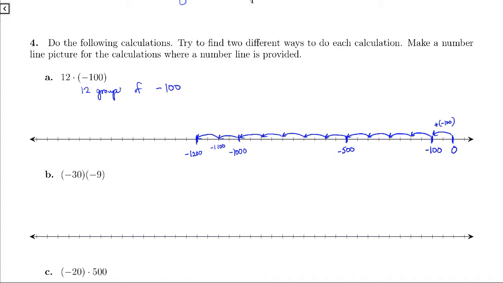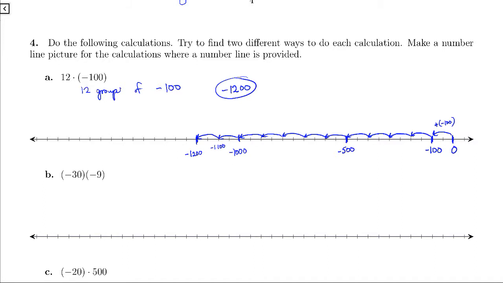Okay, so this is negative 1,200. So you might also think of this as subtracting 100 groups of 12. And I would say adding up 100 groups of something is much less easy than adding up 12 groups of something. So I'm going to stick with the 12 groups of negative 100 here.